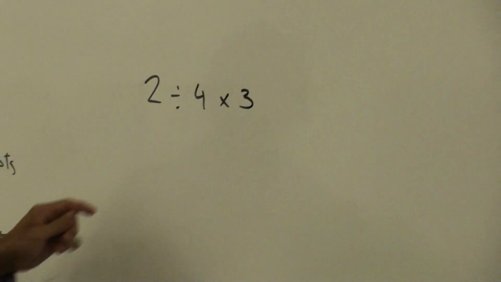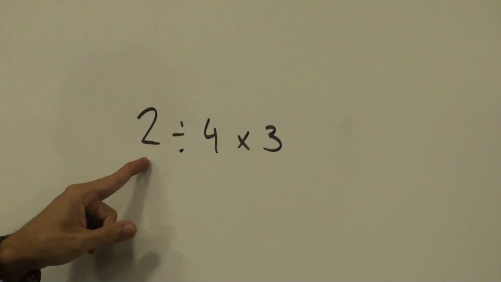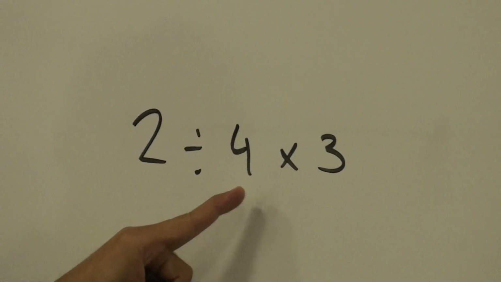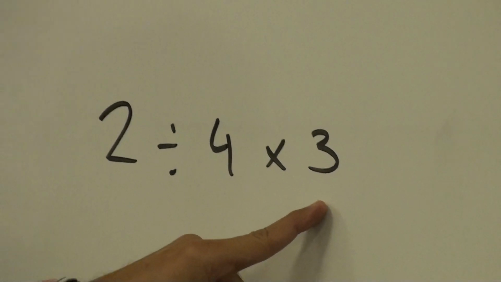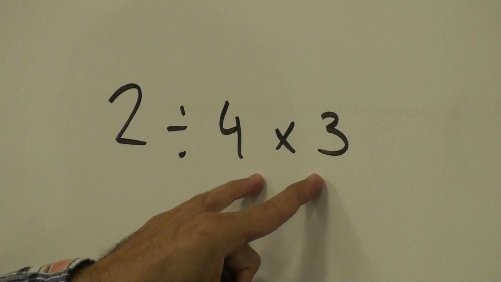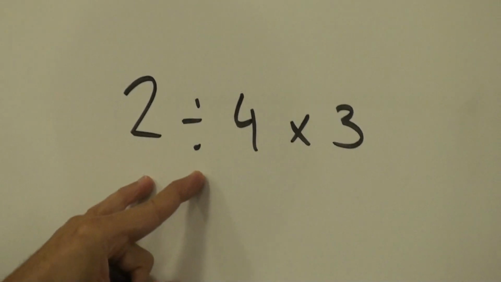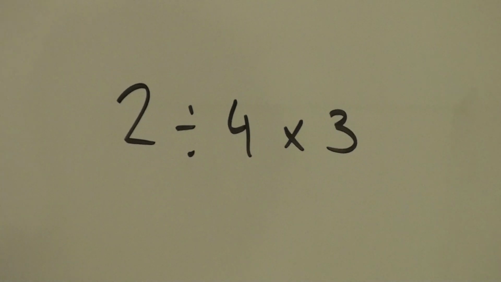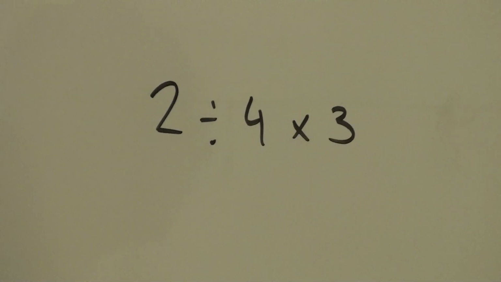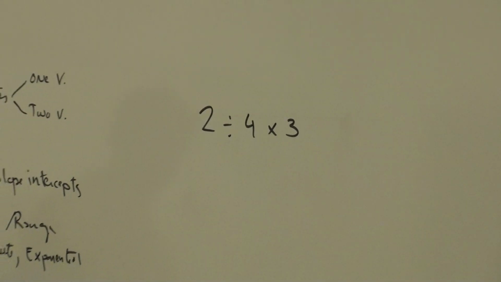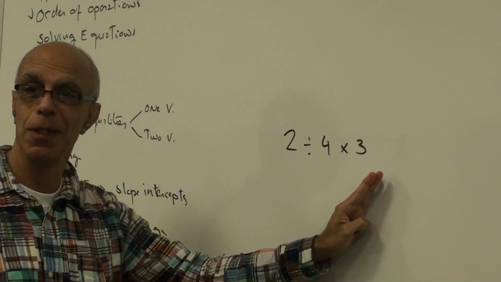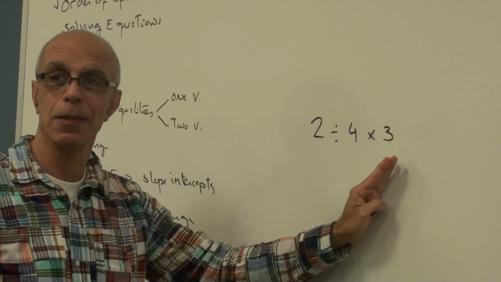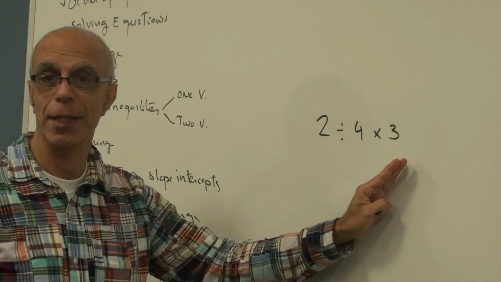If I have, for instance, 2 divided by 4 and then multiplied by 3, it is different if I multiply the 2 by 3 first and then I divide. The answer is going to be different. Because of that, they had to establish a rule. The rule is always we start from left to right, okay? Left to right.